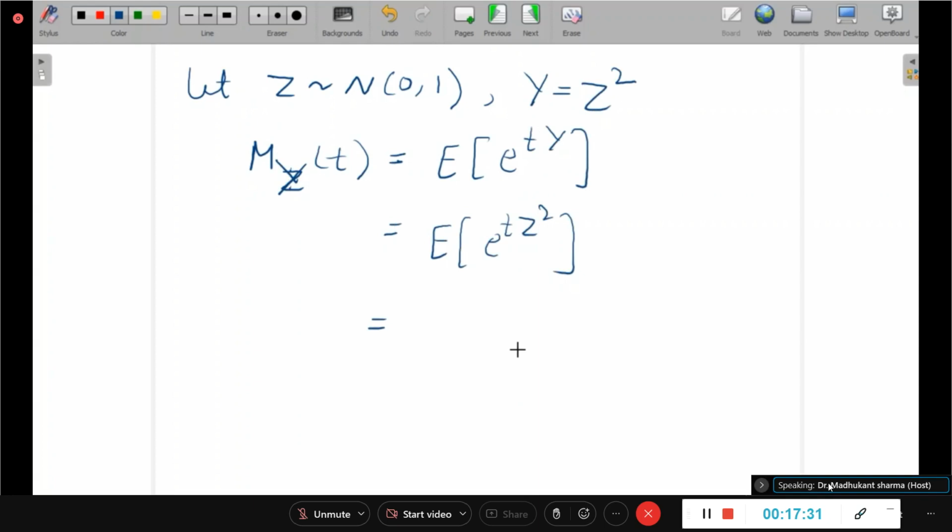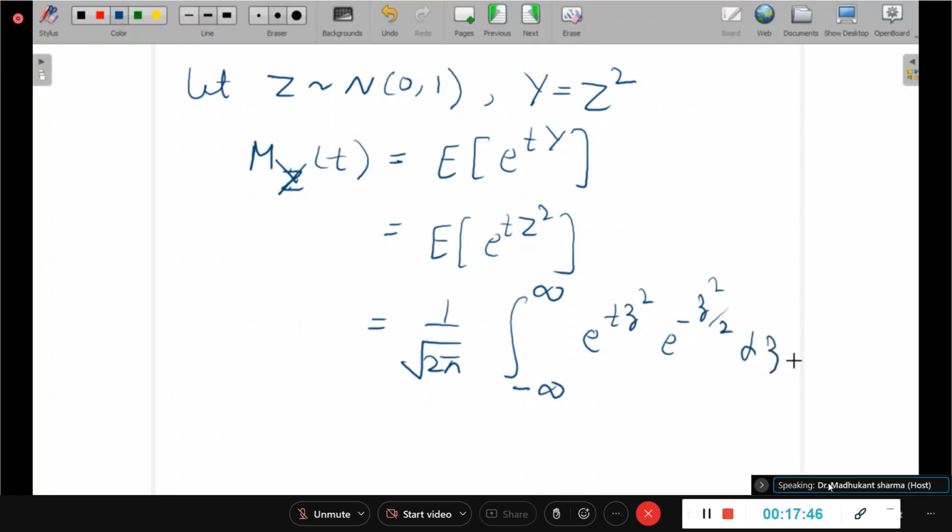Now this is equal to 1 upon square root of 2 pi, the integral from minus infinity to infinity of e to the power tZ square times e to the power minus Z square by 2 dz. I hope there is no problem following this.